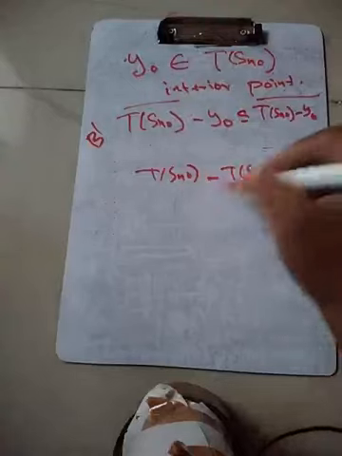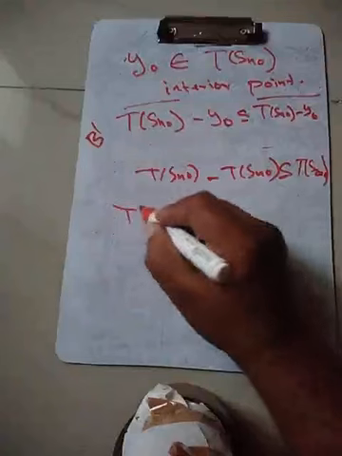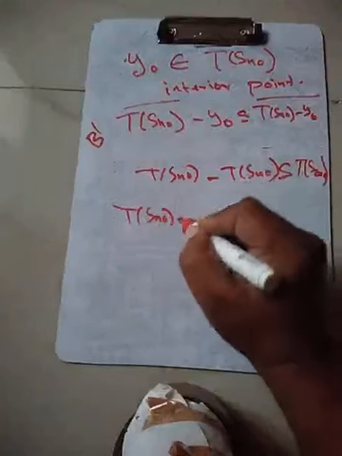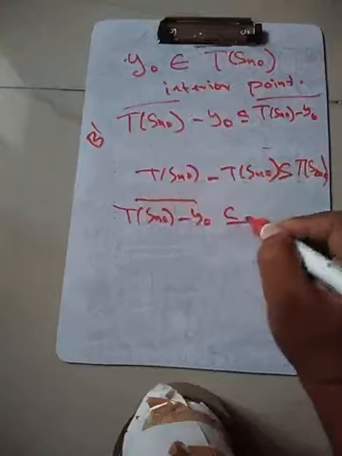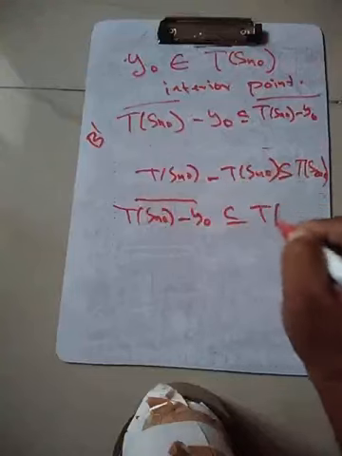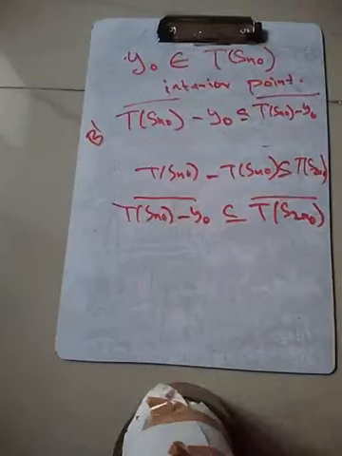So the diameter of this set T(S_{n0}), one can see. So the point is that T(S_{n0}) minus y0, this closure, is contained in the closure of T(S_{2n0}).